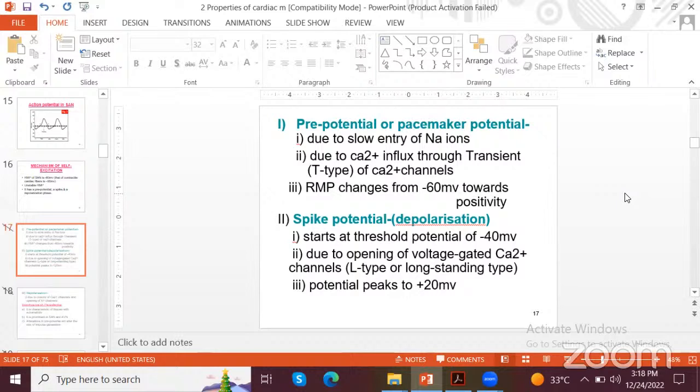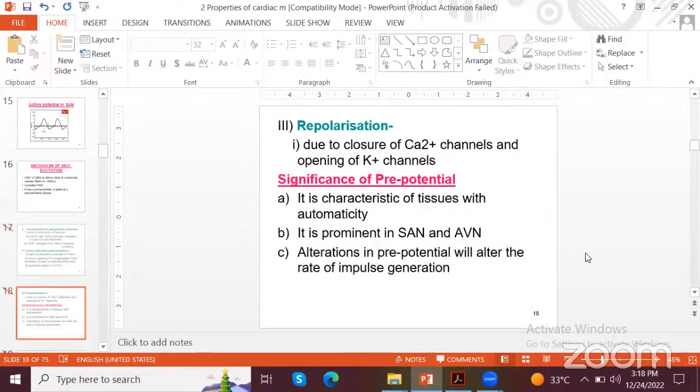The depolarization, a spike potential, starts at a threshold potential of minus 40 millivolt due to the opening of voltage gated calcium channels, or L-type or long-standing calcium channels. First, T-type transient calcium channels open, then L-type calcium channels open. So the potential peaks at around 20 millivolt.